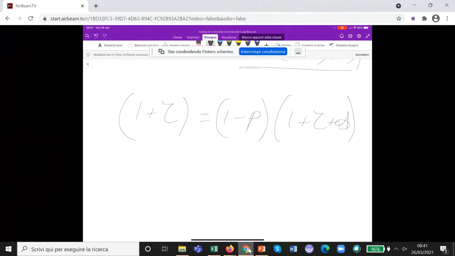Now, as you can see from this equation, the assumption that we implicitly made is that of risk neutrality, i.e. that an investor would be indifferent in terms of the expected outcome between an investment that has no risk at all, because it's a risk-free investment, and an investment that clearly has a risk component.